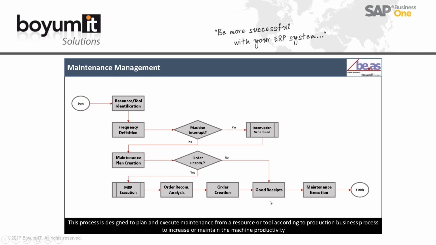Our main objective of this business process is to plan and execute maintenance of a resource or tool according to our production business process, to increase or maintain the machine productivity. This will be a perfect plan to avoid missed delivery dates or delays on the products that we sell.